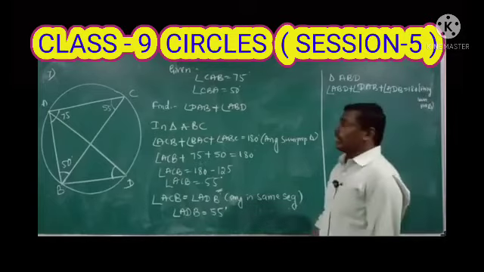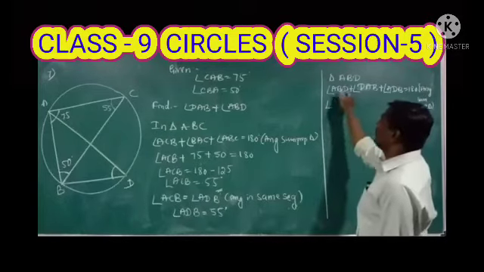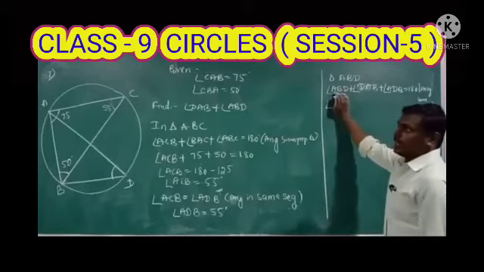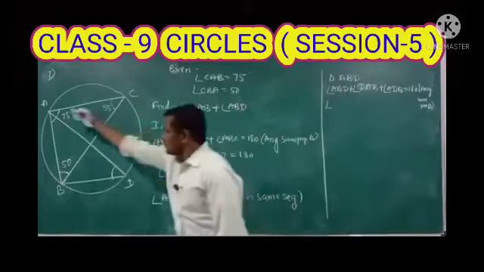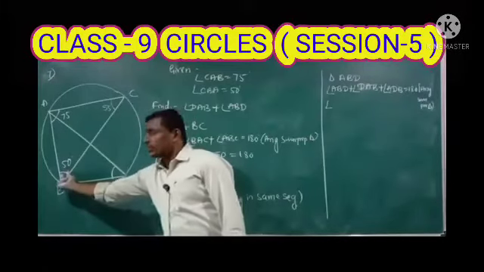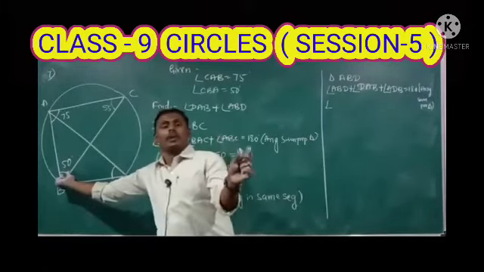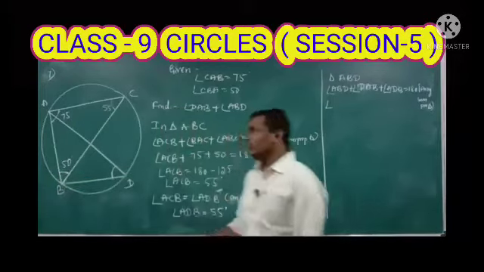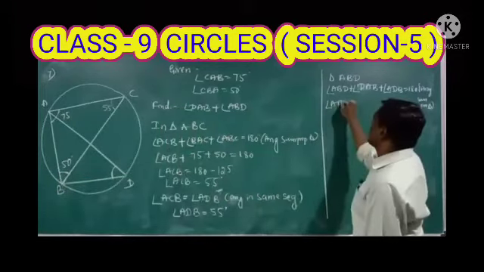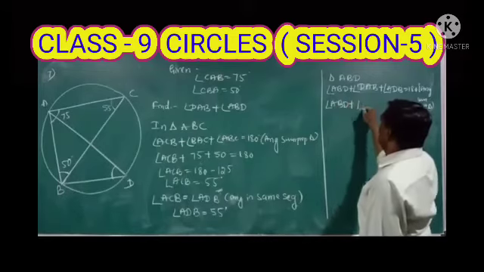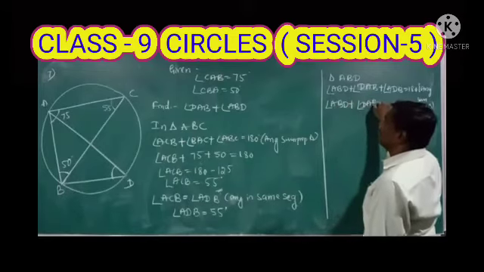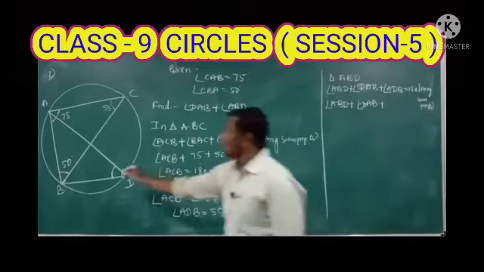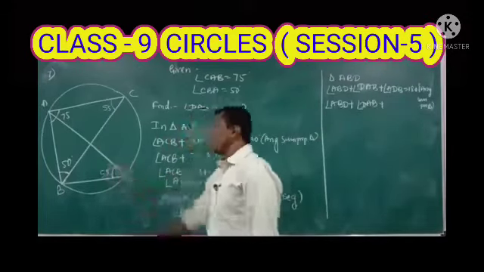In that, we don't know the value of angle ABD. We know only a part of the complete angle B. So write that angle as it is: angle ABD plus angle DAB plus angle ADB. This angle is 55, right?